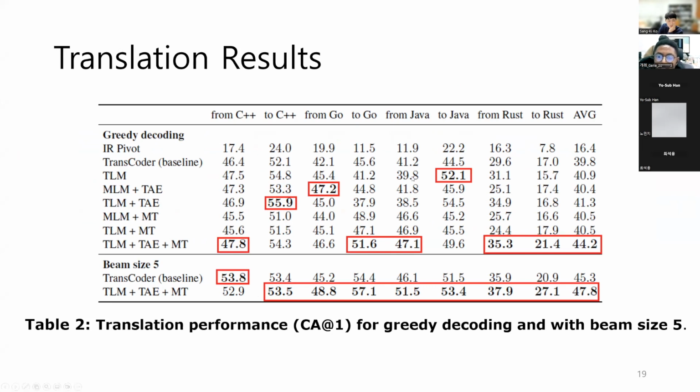Then, using the IR similarity, it translates source code from one IR to another programming language source code. So to get the IR representation, LLVM IR, you just compile the source code, right?